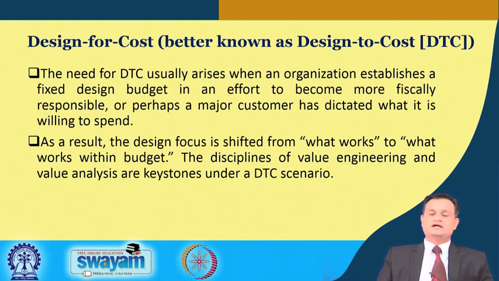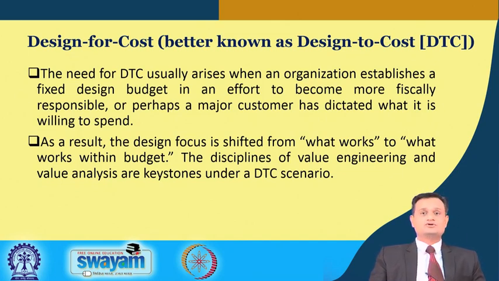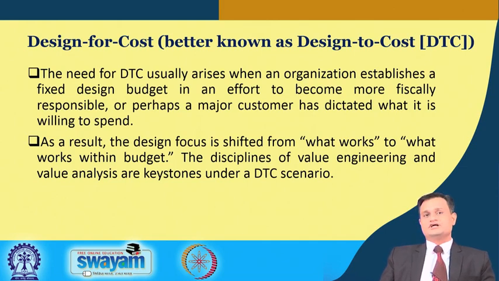Or on the other side, your customer is well aware of the cost and is willing to pay only some amount. Then again you have to be extremely conscious about the inclusion of features and requirements right at the design stage.